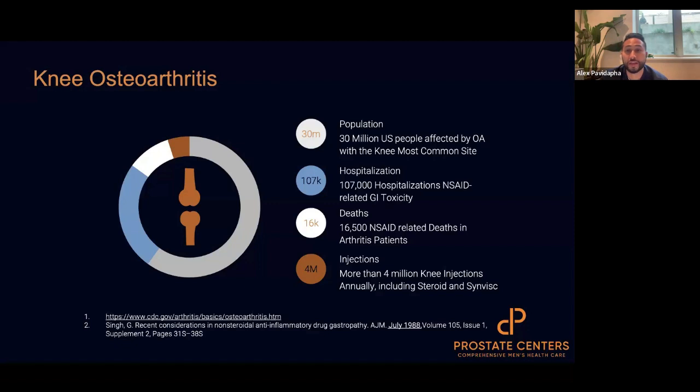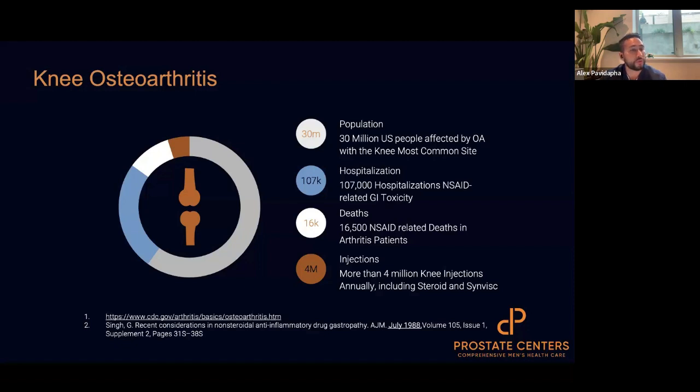There are almost 16,000 deaths related to NSAIDs in the setting of osteoarthritis pain, because people are in so much pain. There are more than 4 million knee injections annually, including steroids and Synovisc.